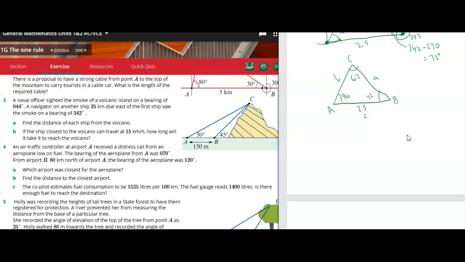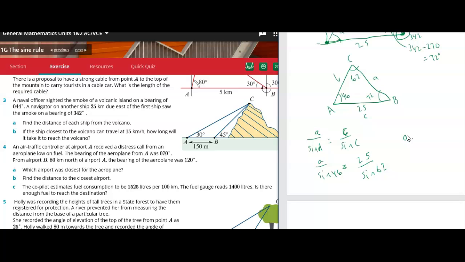So we'll do A, just because, alphabetical order. So A is what we want. Sine 46 over a equals, that's an equal sign, 25 over sine 62.